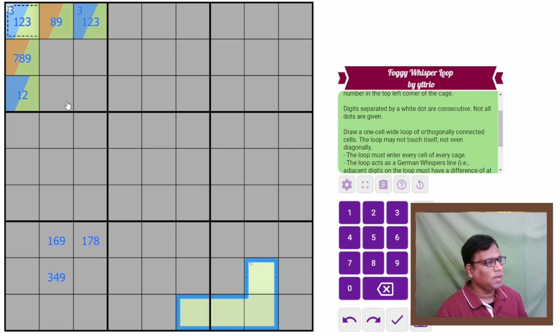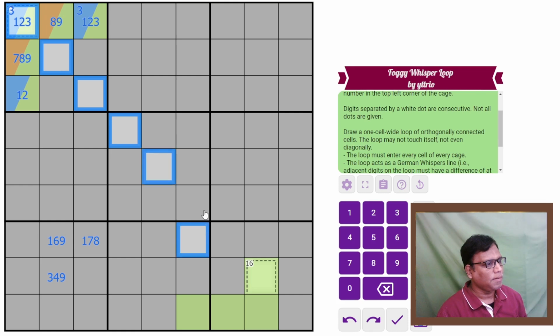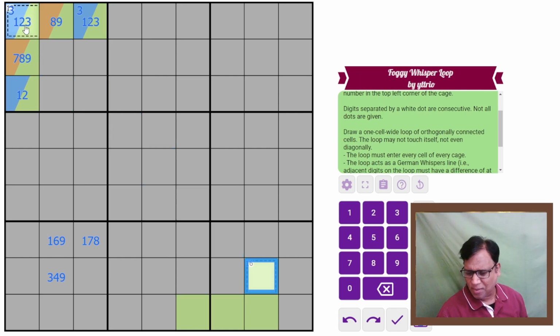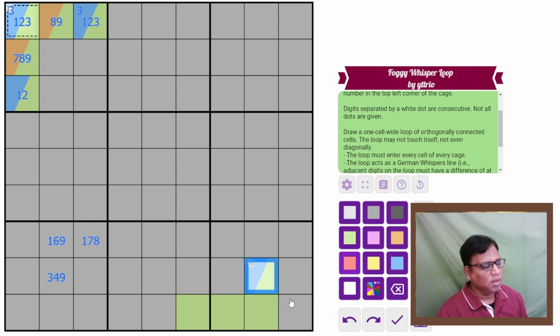And if this is diagonally connected, that means this has the same low and high properties as this. So if this is low, because this is diagonally connected, this must also be low, and that means this is high, this is low, and this is high.